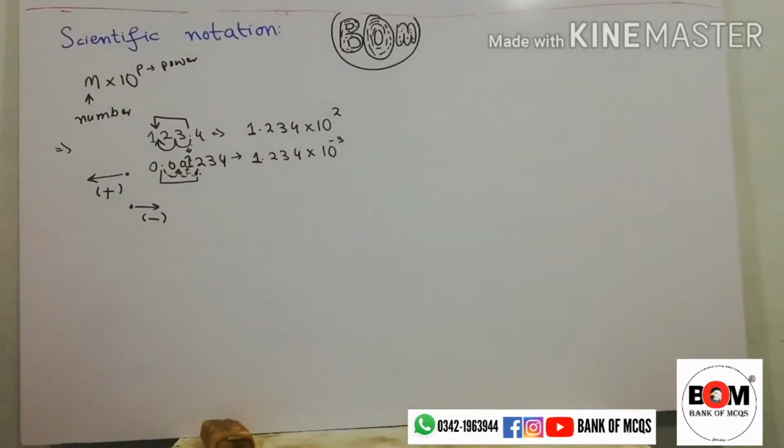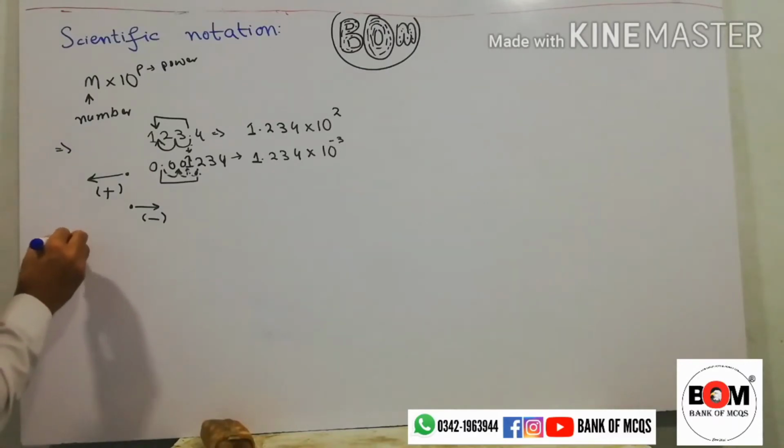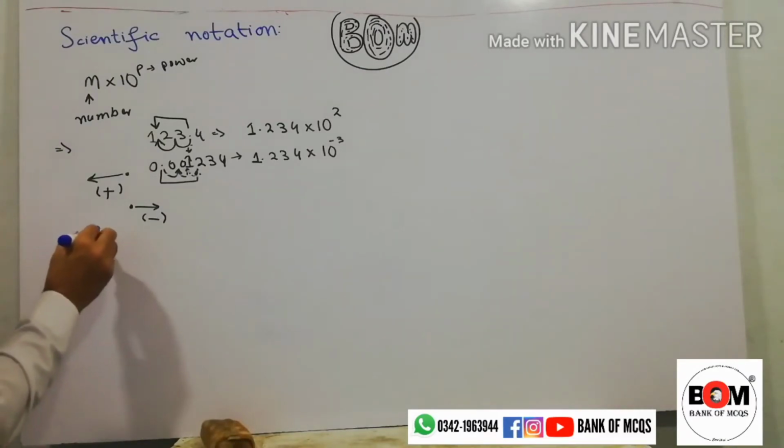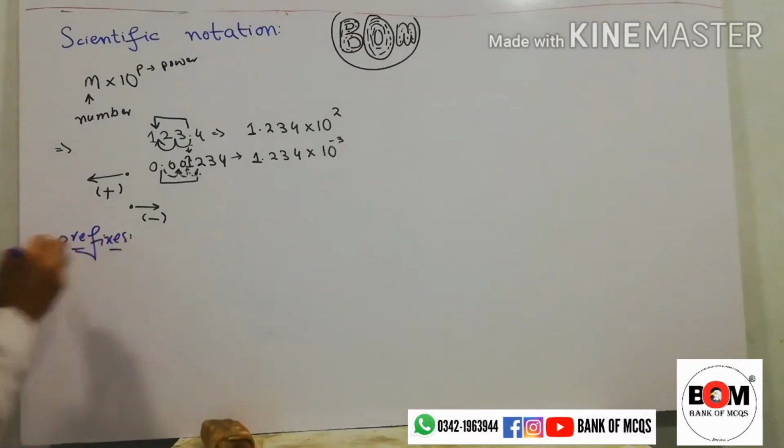Now in physics, the next topic is prefixes of power of 10. In physics we deal with everything from very small, like micro, to very large magnitudes.